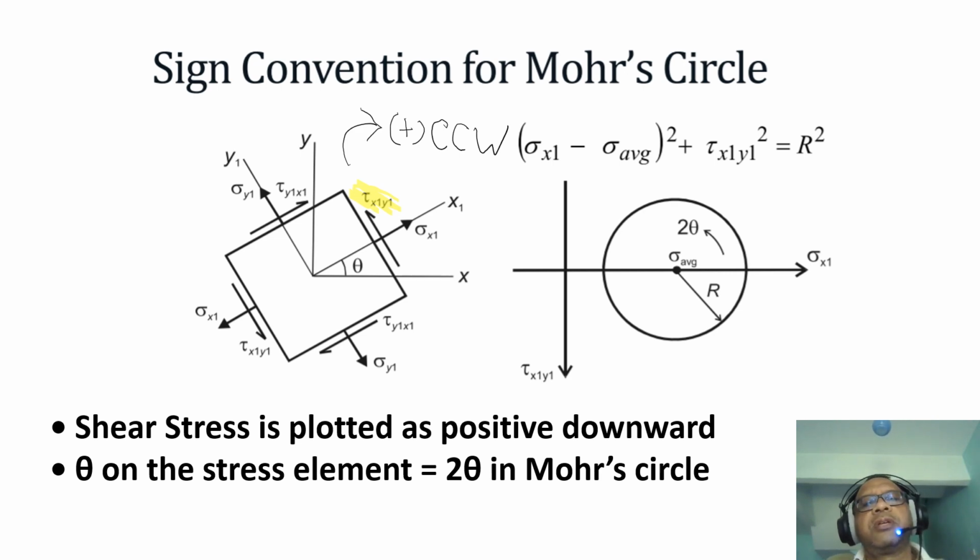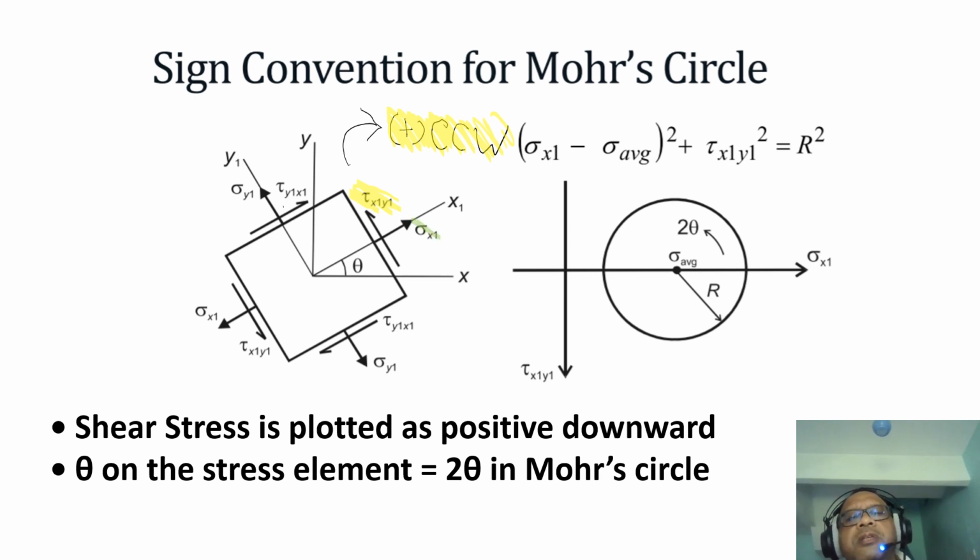Once you identify the convention for this surface, every other surface will follow through, because they are head to head and tail to tail. So here is the case. I'm just going to highlight that the shear stress tau x1 is positive counterclockwise. And then the normal stress, let's draw in green.